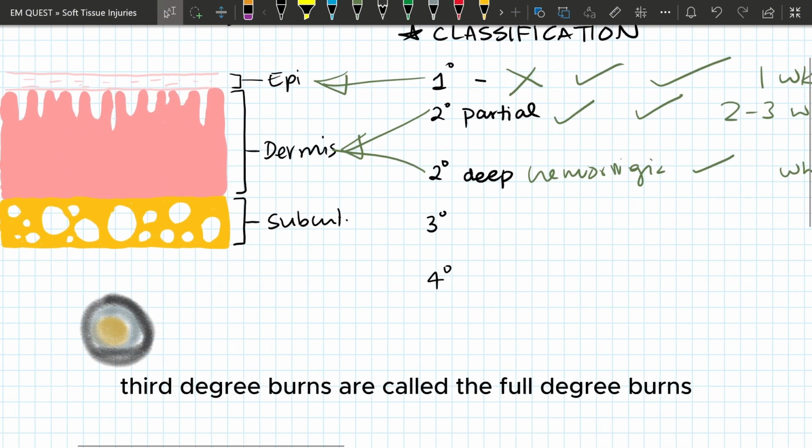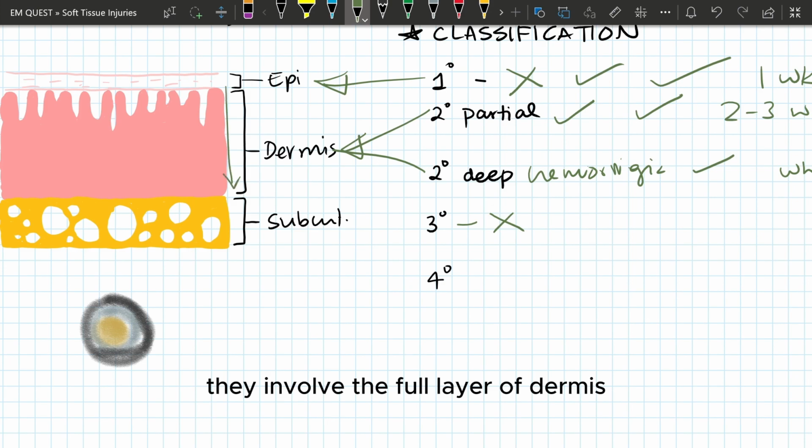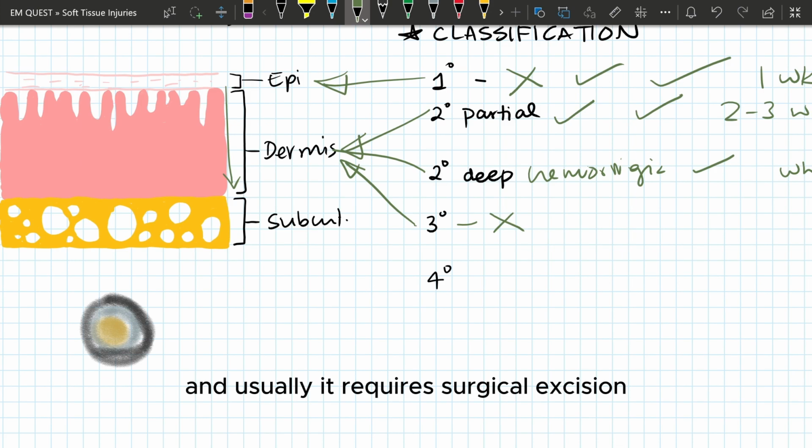Third degree burns are called full thickness burns. They are quite dry, so we will not see blisters. They are leathery, and the skin is quite stiff. They involve the full layer of dermis, and usually require surgical excision plus or minus grafting.